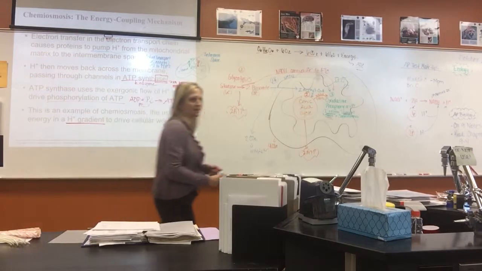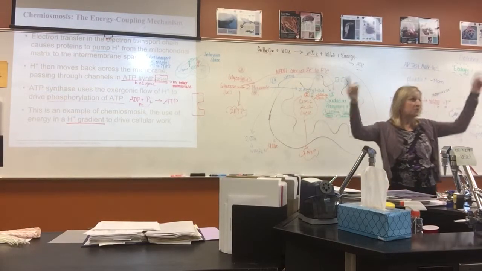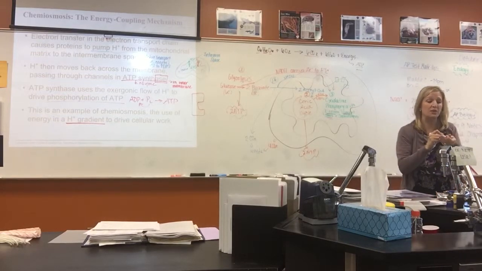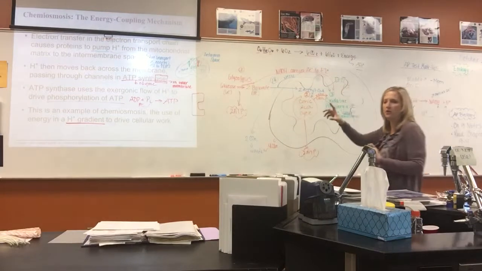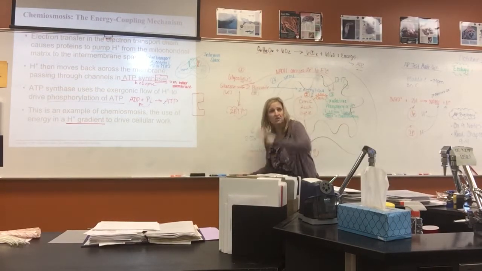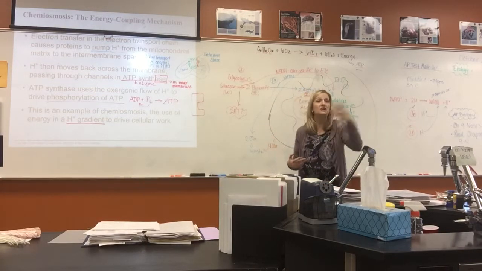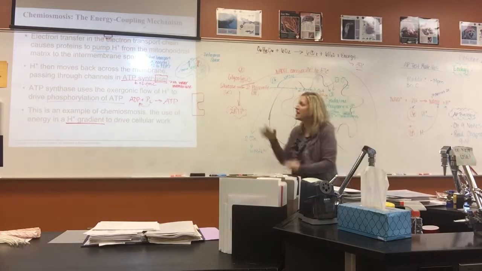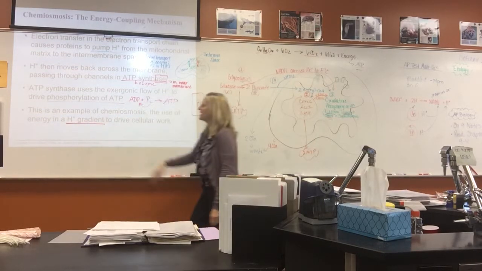What's a gradient? A difference in concentration across the space. We talked about that with diffusion, like when I pretended to spray the perfume up here. This was a high concentration, low concentration in the back. We would say that there's a concentration gradient across this space. So in this example, we have a hydrogen ion gradient.